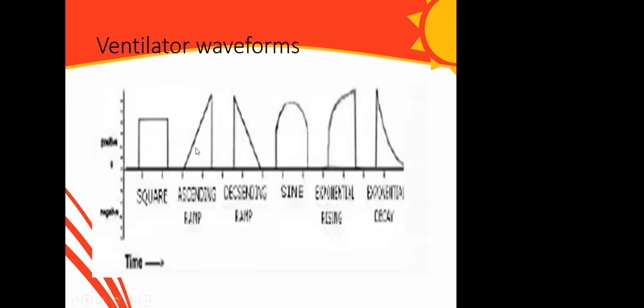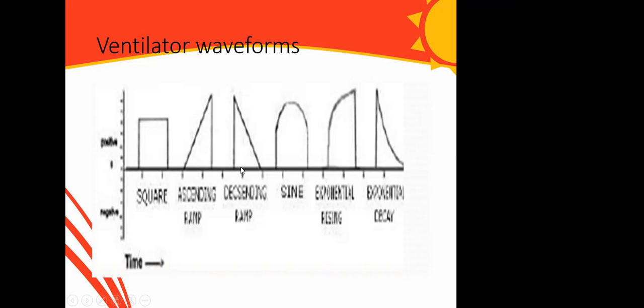Okay, so this is a group of scalar waveforms. If I ask you where is a scalar waveform, you can see the time on the x-axis. And there are different types of scalar waveforms. We have the square waveforms. We have the ascending ramp, or ascending pressure, or ascending volume, or ascending flow over time.